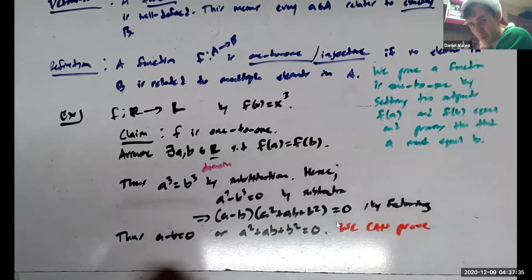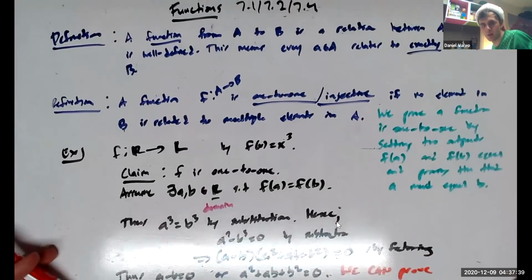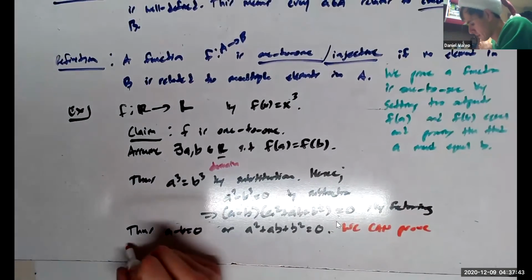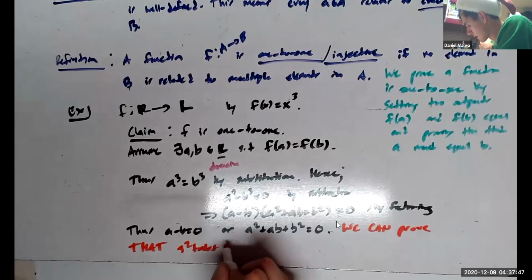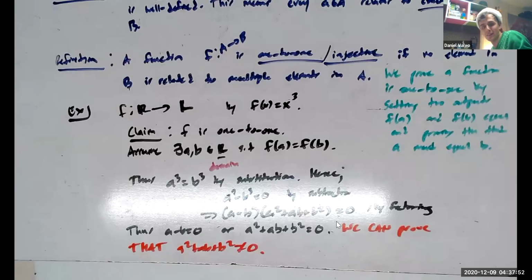I'll say we can prove that A squared plus AB plus B squared cannot equal 0. If we had time, we'd do it, but we don't have time.